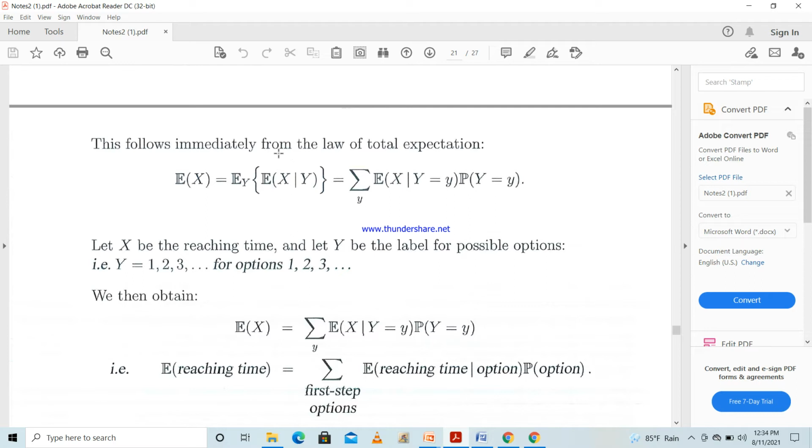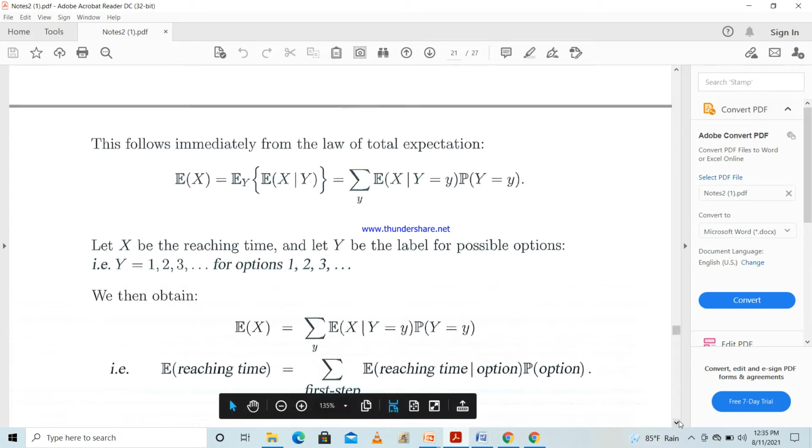First you take the expected value of X given Y, then you take the expected value of this content with respect to the random variable Y. We can express this as a summation over y of the expected value of X given Y equal to a particular value of y, multiplied by the probability of y.